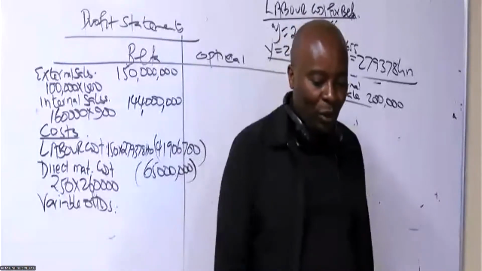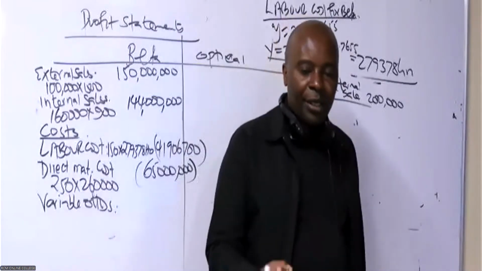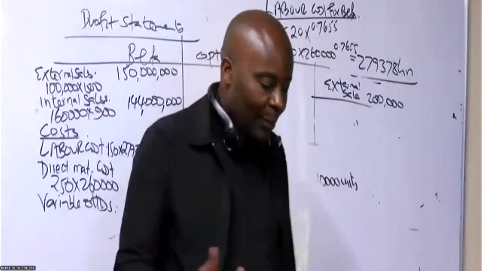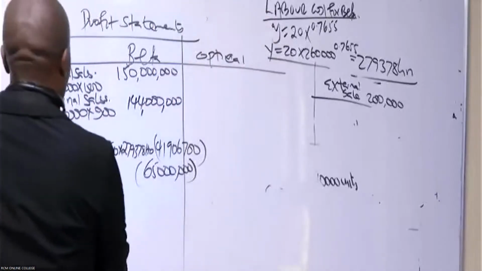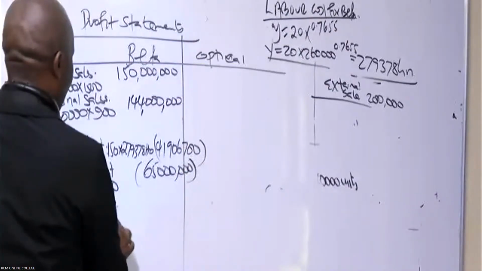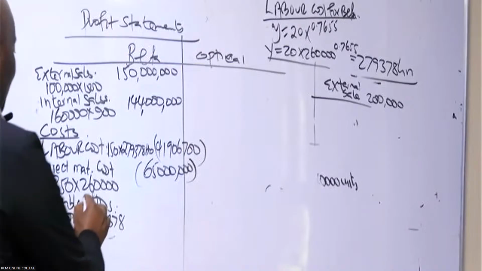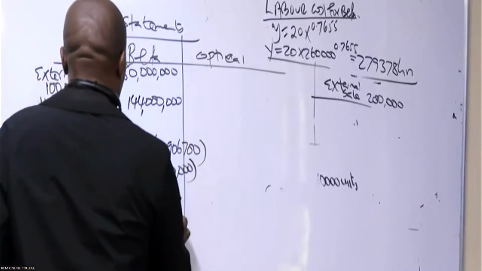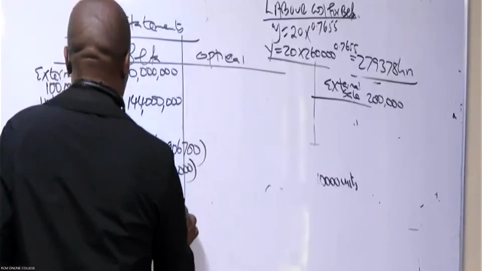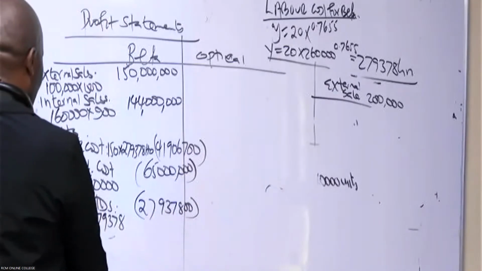They will not be compatible. Remember that variable overhead is based on number of hours. So it will be 100 times 279,378, which gives us how much? 27,937,800. And then now we can talk about your fixed cost.